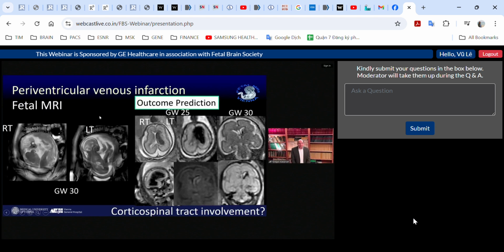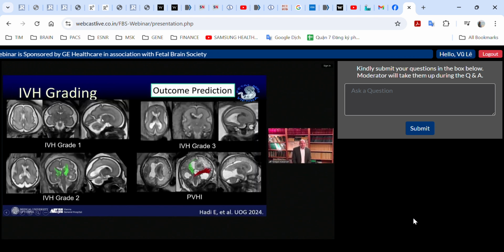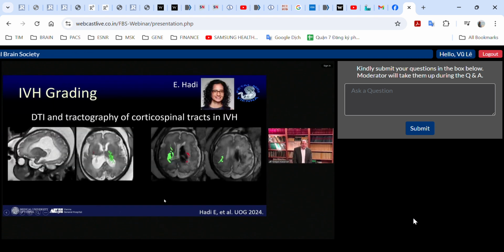A tool which might help us better in the assessment of the corticospinal tract was published by Efrat very recently in collaboration with us, where we did tractography of the corticospinal tract and looked at whether the hemorrhage has actually involved the corticospinal tract.